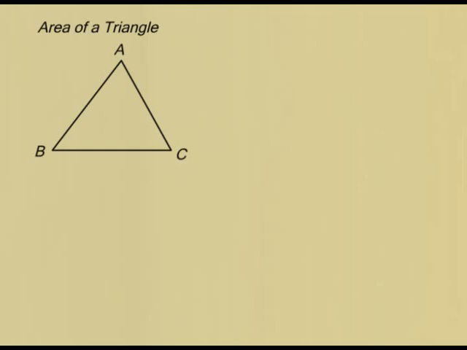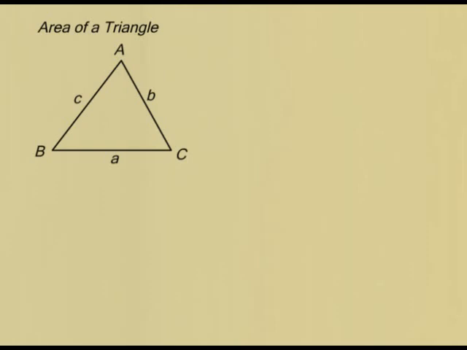Vertices are named using capital letters, but the sides are labeled using small letters. Side a is the one opposite the vertex A, this one. Side b is the one opposite to vertex B, and c is this side opposite to vertex C.